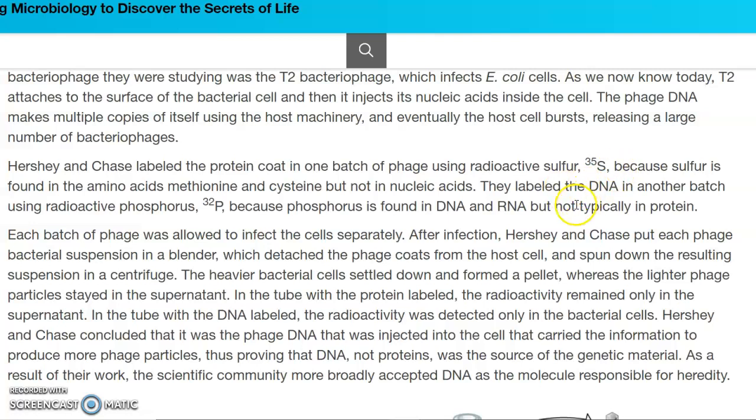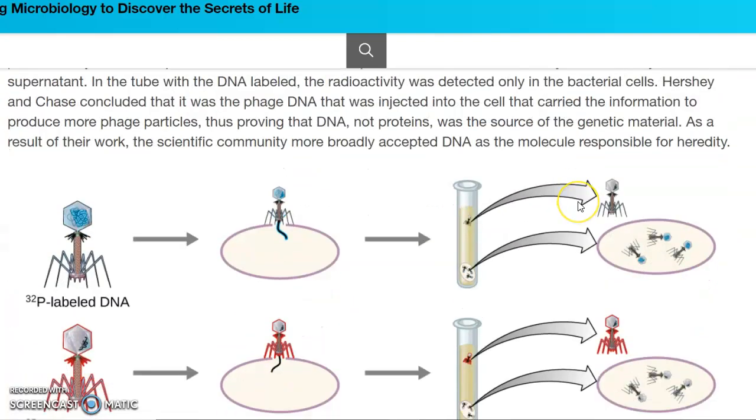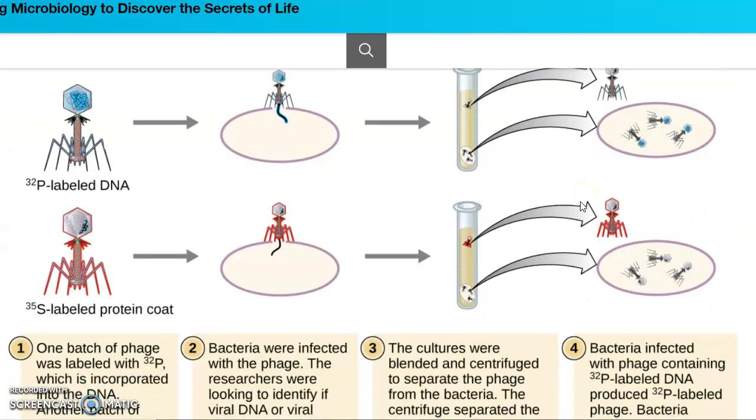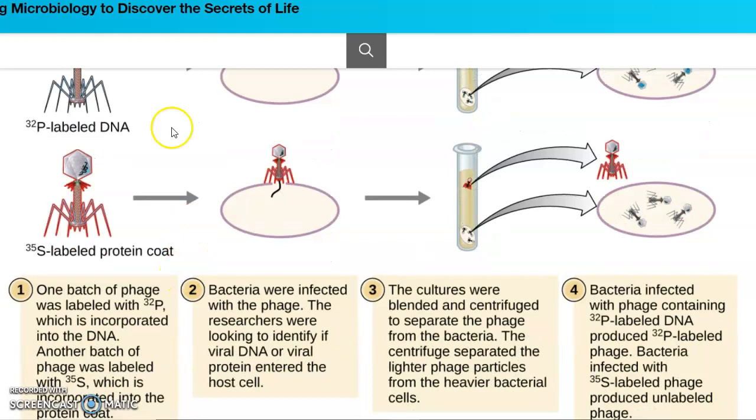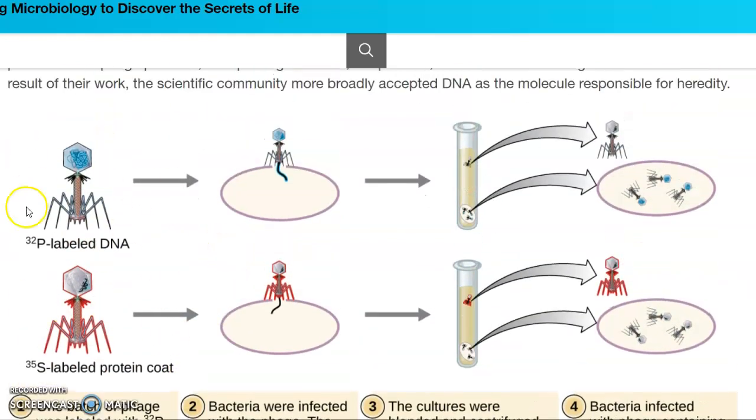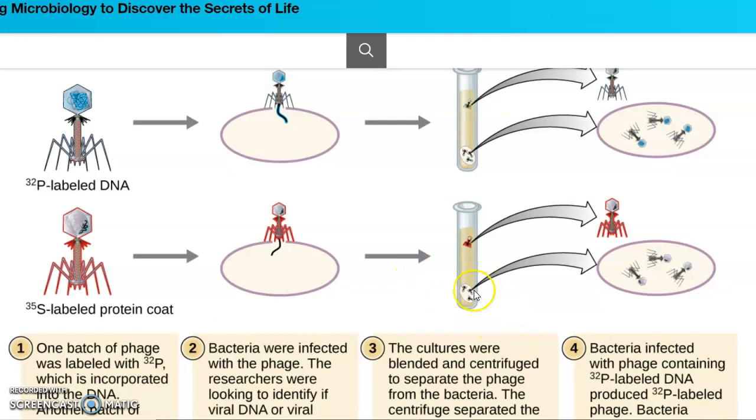So here are the viruses infecting the bacteria. So we've kind of got this glowing blue phosphorus DNA here and our glowing protein coat here. Okay. The cultures were spun down to separate the virus from the bacteria.